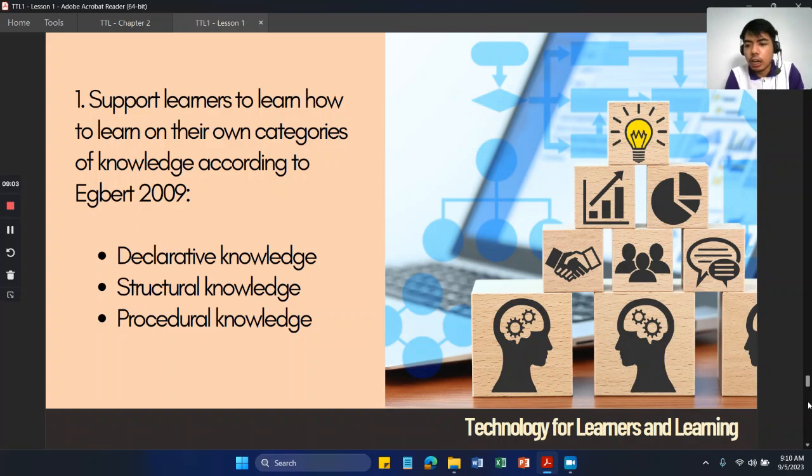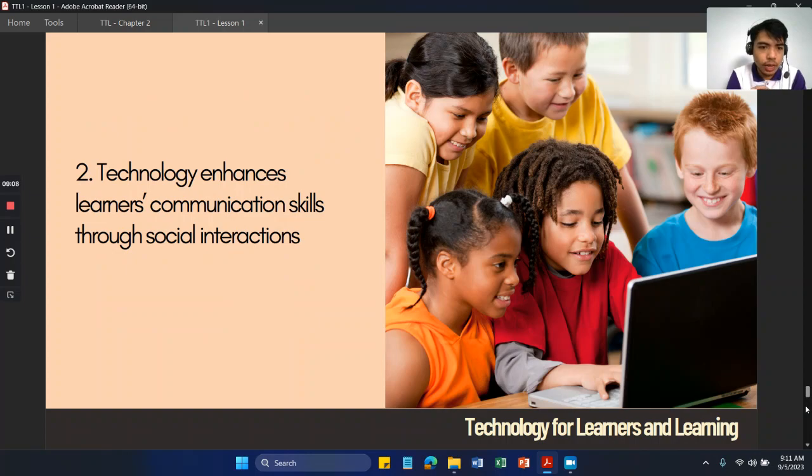Then, technology can also support the learners and learning when it comes to the idea of providing communication skills through social interactions. Technology provided that, yun na magkakaroon na nga tayo ng collaboration with your peers, hindi na lamang through face-to-face. Maaari kayo magkaroon ng collaboration sa napakaraming group chats na meron kayo sa Messenger, o kaya naman maaari sa social media accounts.